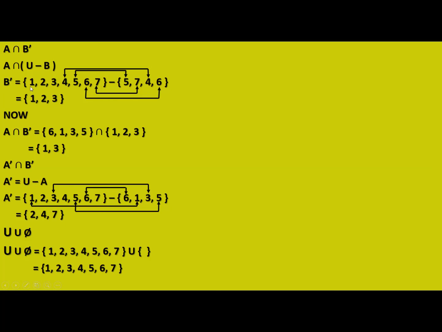First we'll write the elements of U, 1 2 3 4 5 6 7, difference. Then we'll write the elements of B, 5 7 4 6. And what did we learn?